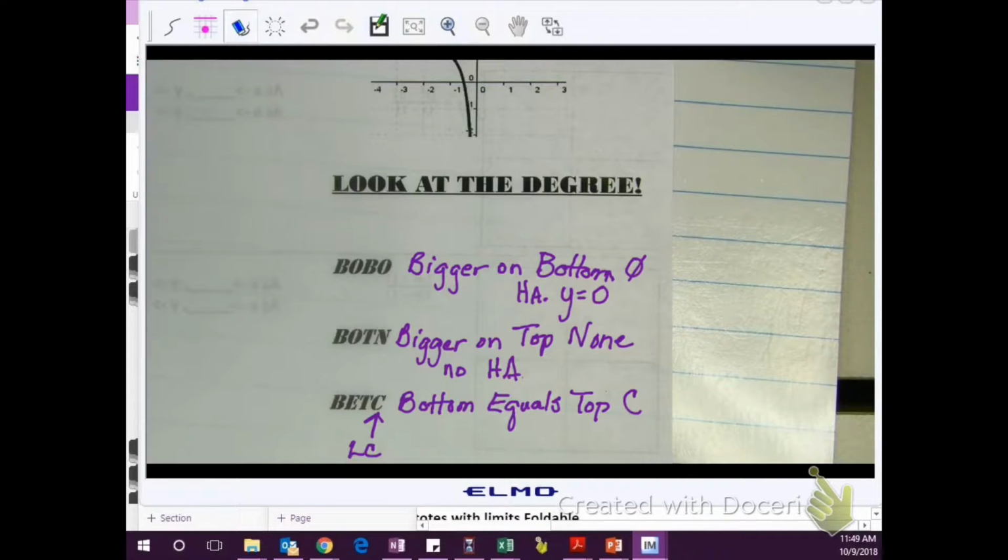So the C stands for the leading coefficient of the numerator divided by the leading coefficient of the denominator. So bottom equals top is the coefficients, specifically the leading coefficient of the numerator divided by the leading coefficient of the denominator. That will be your horizontal asymptote.